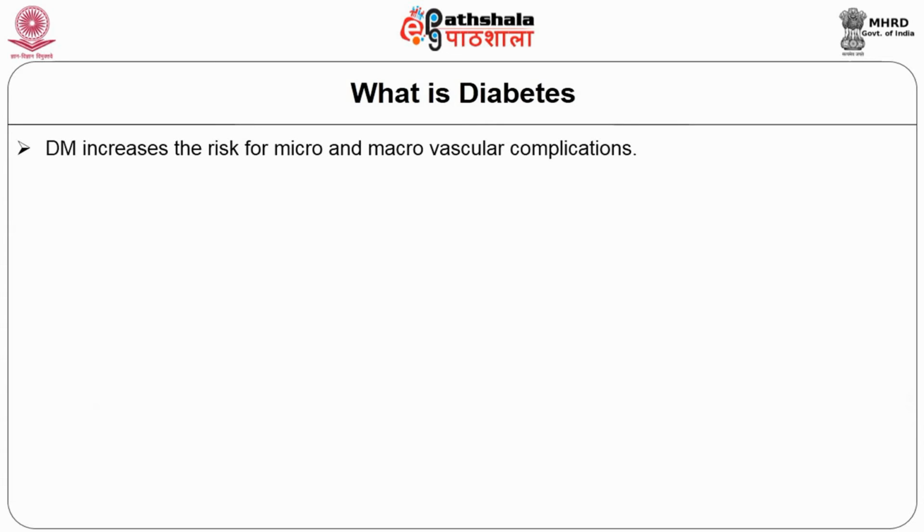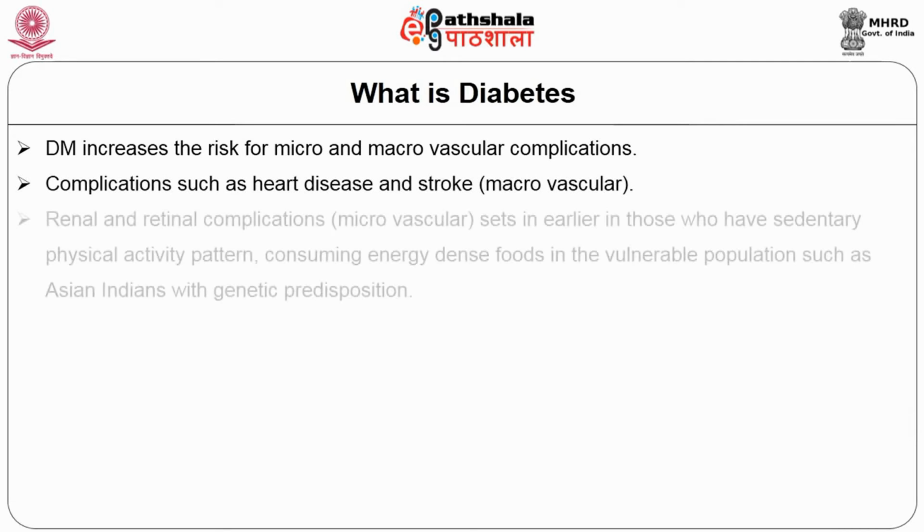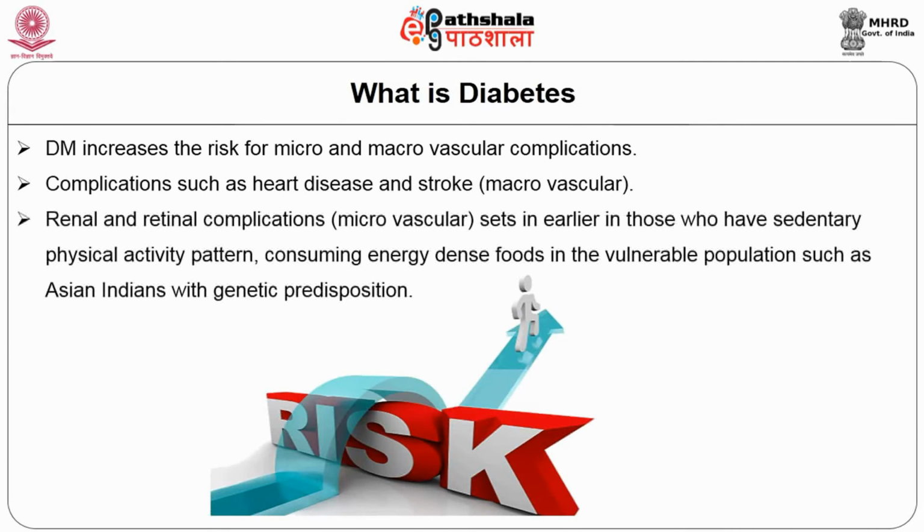Diabetes mellitus increases the risk for micro and macrovascular complications such as heart disease and stroke, which are macrovascular, and renal and retinal, which are microvascular, especially in those with a sedentary physical activity pattern. And Asian Indians with genetic predisposition are much more vulnerable.